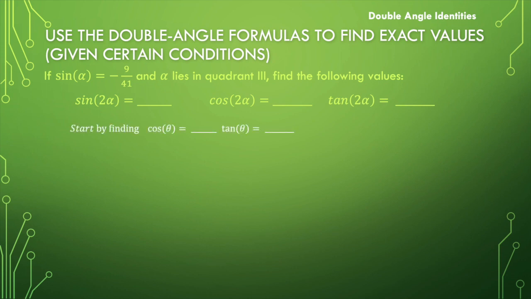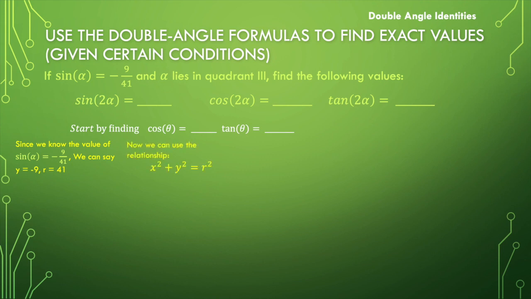We know that since the sine of alpha is negative 9 over 41, we can say that some point on alpha has a y value of negative 9 and a radius of 41, or a hypotenuse of 41. Opposite over hypotenuse, right? Well, that gives us enough to solve for the x value.